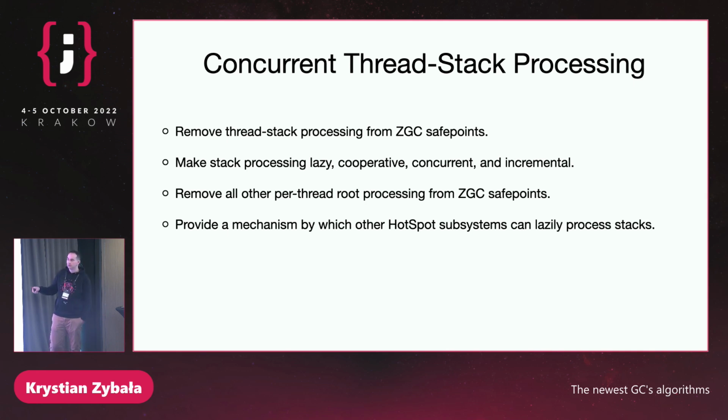But what is more important is that this JEP is a big improvement for project Loom, and after this JEP was merged to the main source, G1 and Shenandoah also use the same techniques to achieve better performance with project Loom.